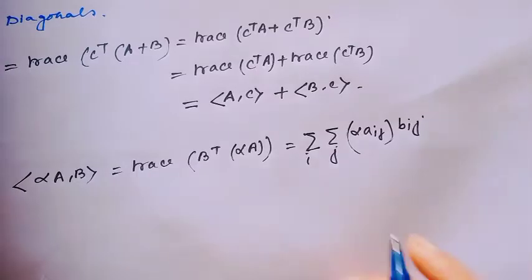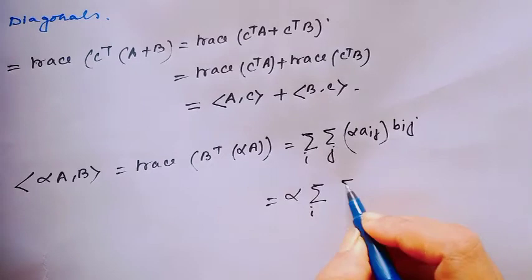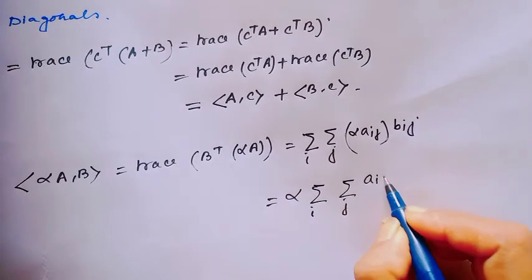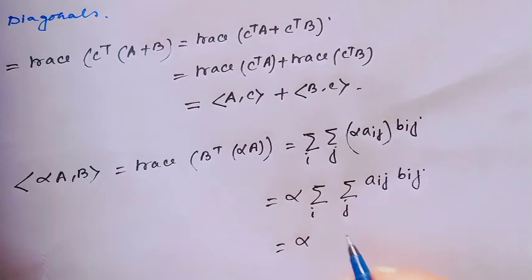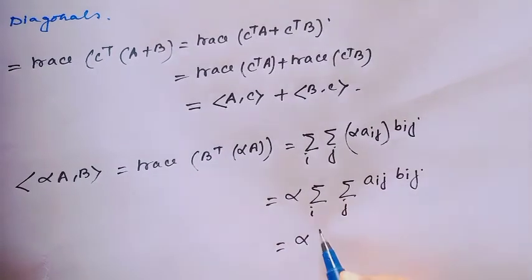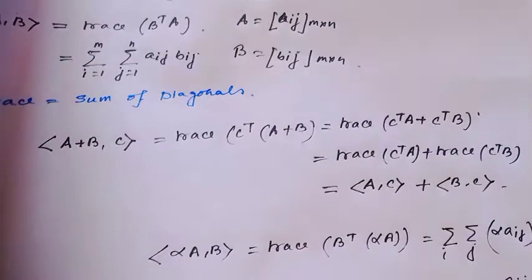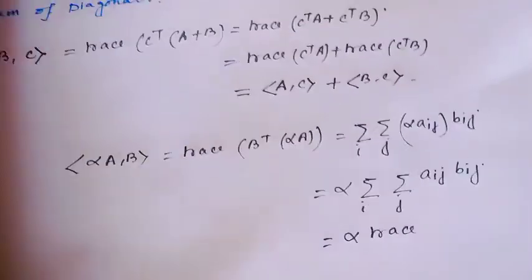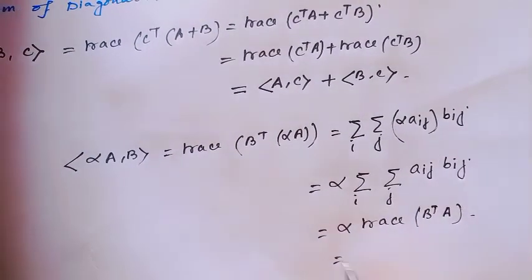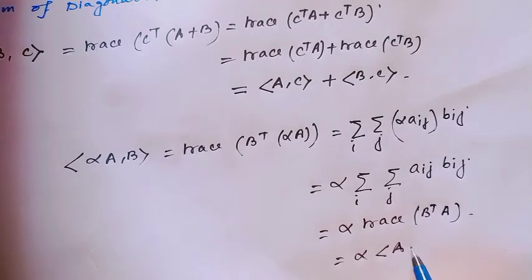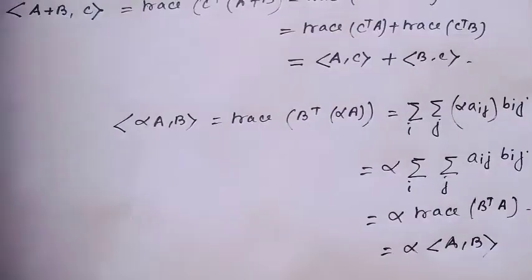Now omit alpha from this summation, then this is alpha times summation i summation j of aij bij, and this is actually equal to alpha times the trace by the defined function. This is equal to trace of B transpose A. So this is alpha times the inner product AB. That means the condition of linearity has been satisfied here.